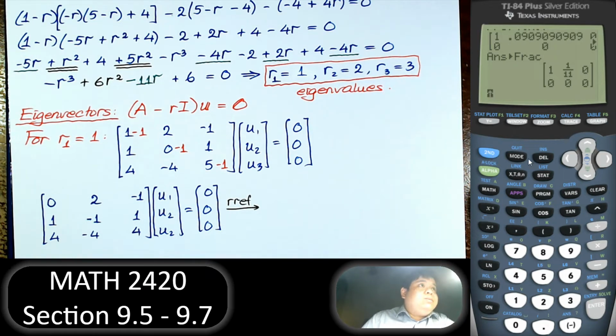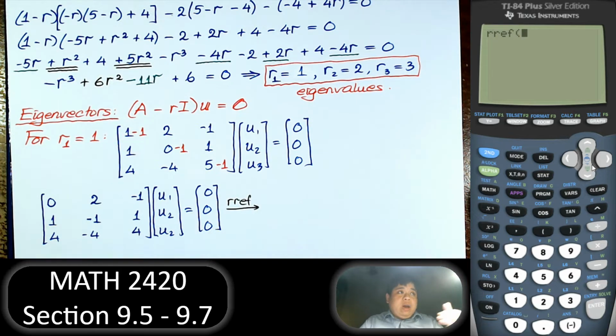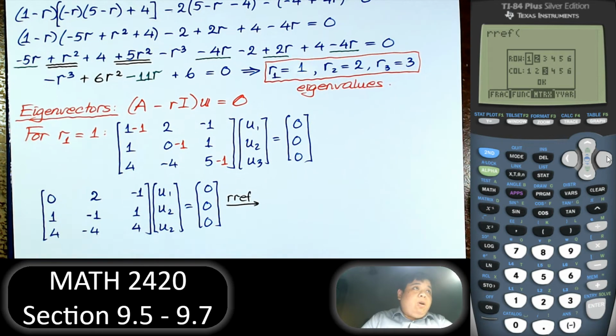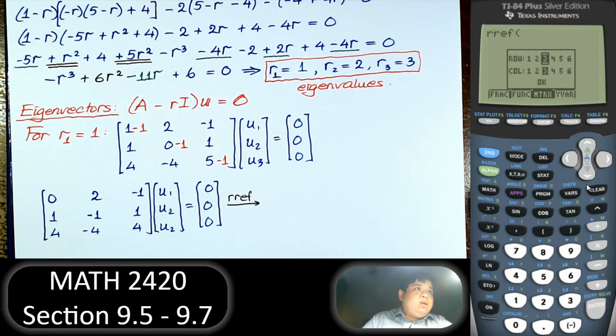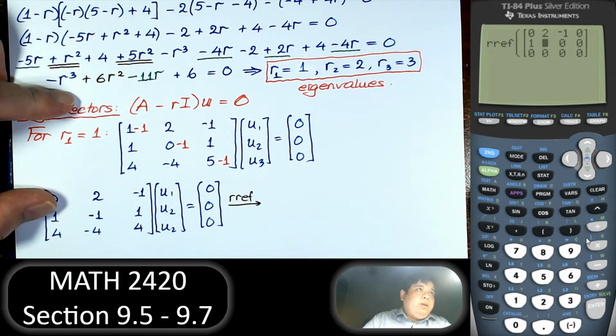So if I look at the second matrix, go to math, reduced row echelon form, and the matrix. All right, I will enter the matrix directly in the home screen. We have 3 rows and 4 columns. Zero, 2, negative 1, 0, 1, negative 1, 1.